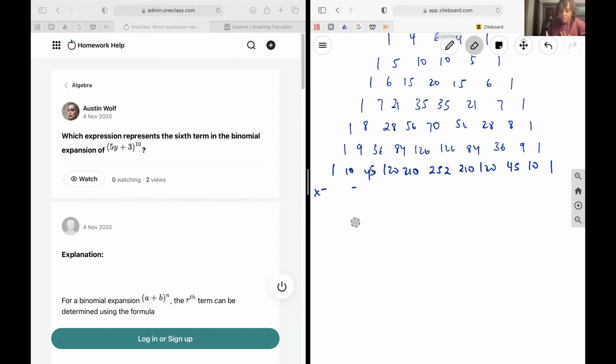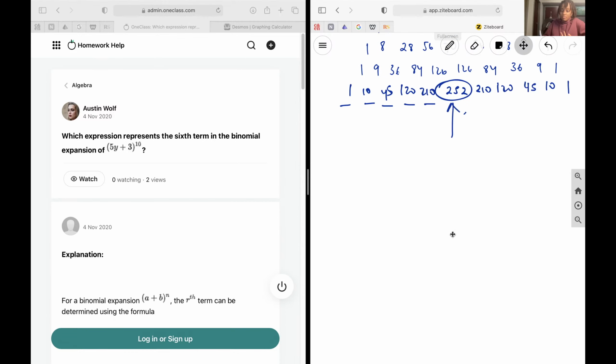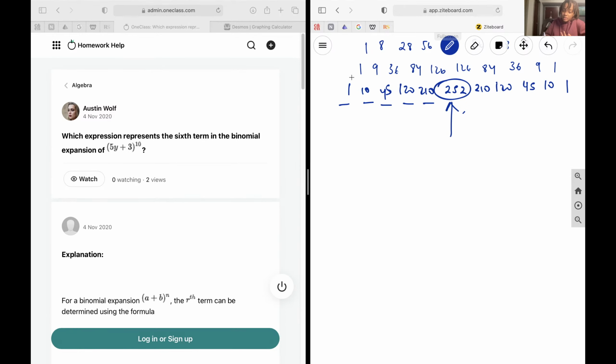On this one, you can just count until you hit the 6th term. So I have 1, 2, 3, 4, 5, 6. So this is going to be the one that I'm using. And then I additionally need to note this is x to the power of 10, y to the power of 0, x to the power of 9, y to the power of 1. So I need to know what it's going to look like by the time I'm on the 6th term.